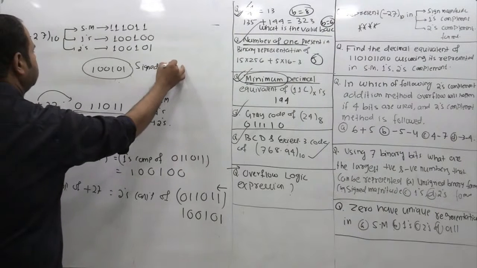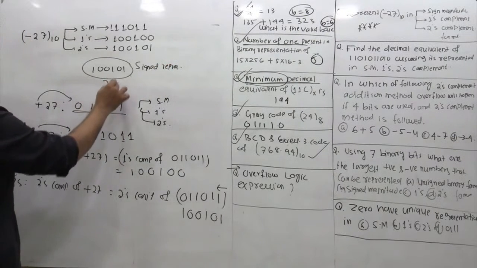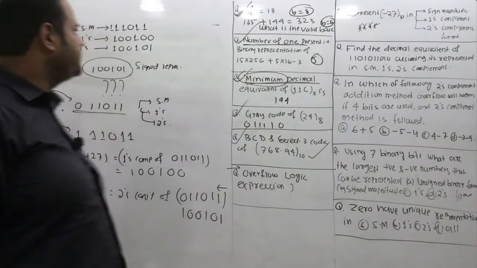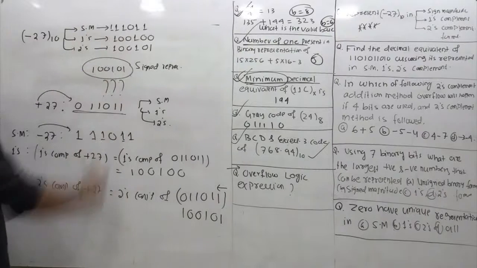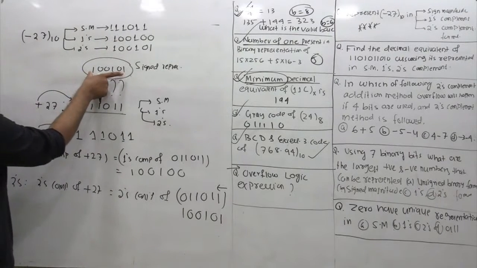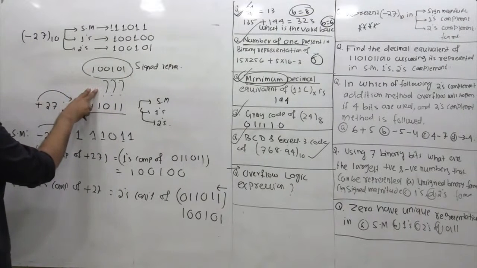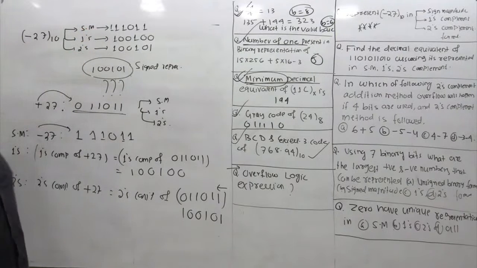What is the corresponding decimal equivalent? It's a question mark, we cannot answer. Why? Because, as you are seeing here, for a negative number there can be three possible answers. Unless it is given to you in which particular form it is, whether sign magnitude, 1's or 2's, we cannot answer such questions.